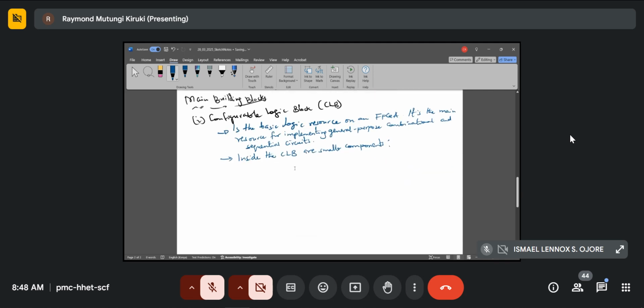Multiplexers. So we have multiplexers. We are not going to define what multiplexers are. We know what they are. Another one, what have we seen? Lookup table. So we have lookup tables.